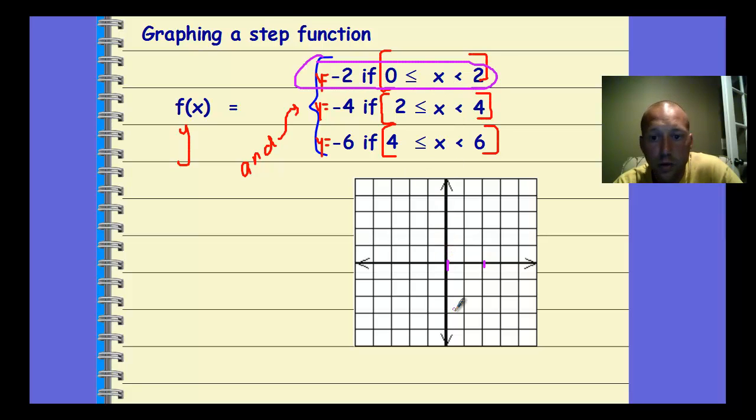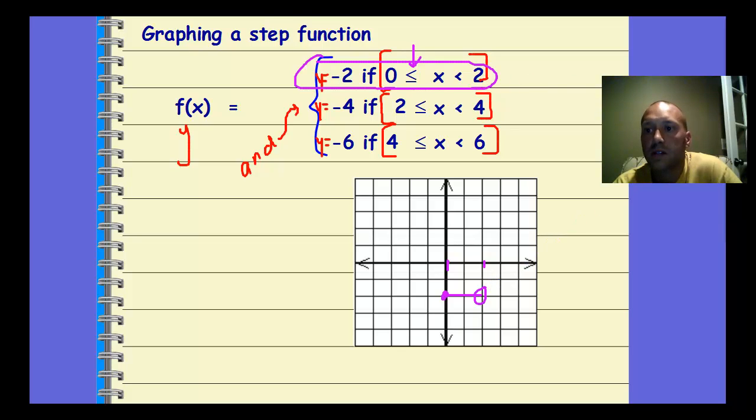Y equals -2 is right here. So I want to see this line for the x values between 0 and 2. Now the other thing is, can it be 0? It's "or equal to" right here, so it can equal 0, so I should put a filled-in circle here. And at 2 it cannot be 2, so there's an open circle.